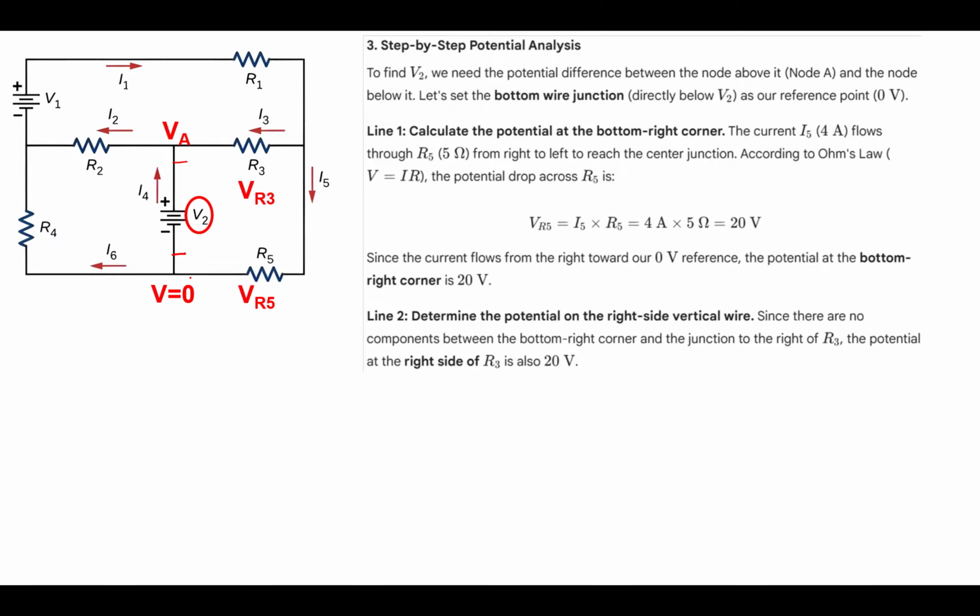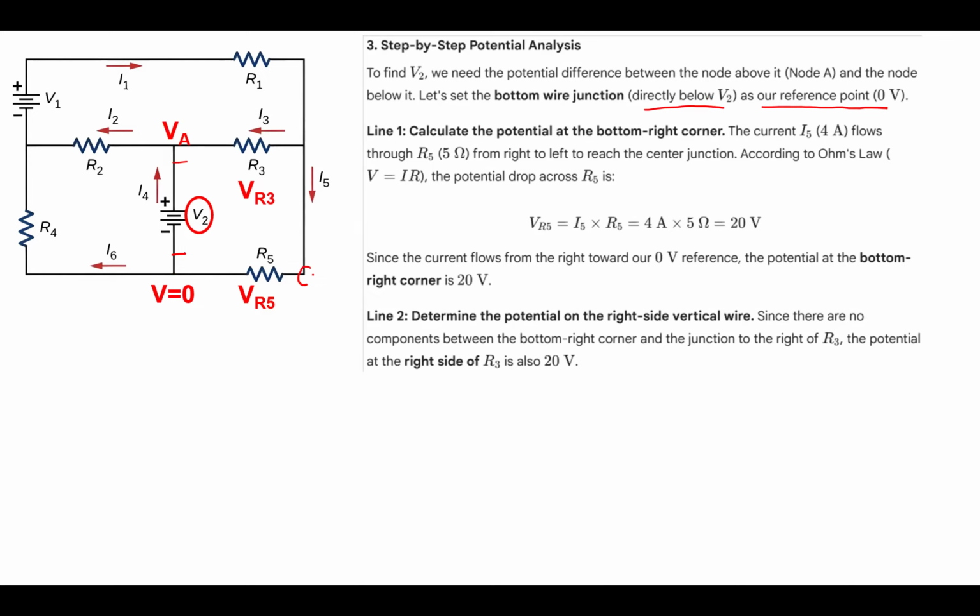So we can set, for easy calculation, this position to be potential 0. Directly below V2, our reference point is 0 volt. And then we calculate the potential at the bottom right corner.